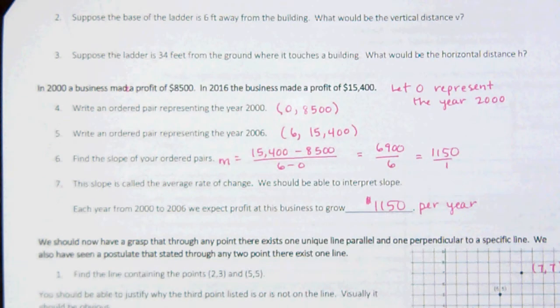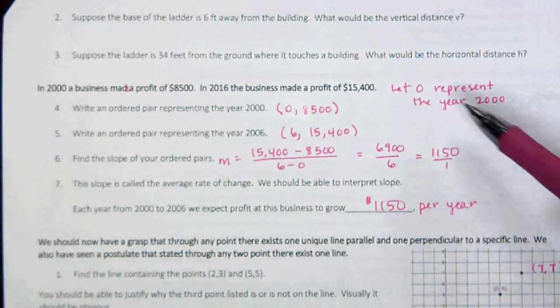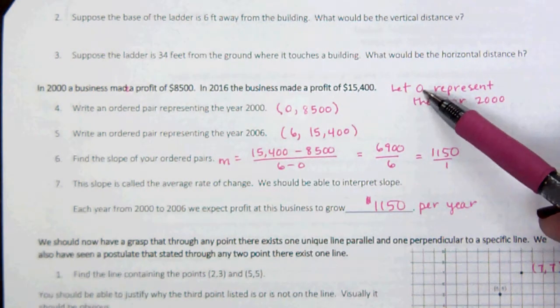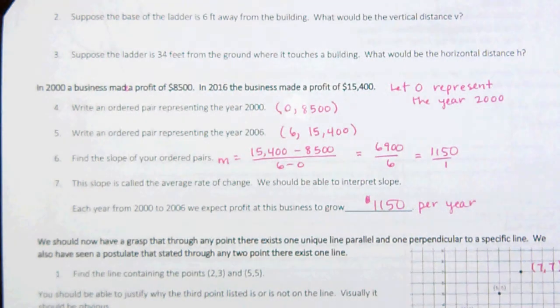I'd like to think about how that is a graph and how we can show the business making money. So I don't want my x-axis to be way out there at 2000. So let's let 0 represent 2000. So I'm going to say 0, 8,500. In the year 2000, represented by 0, 8,500 is my profit.